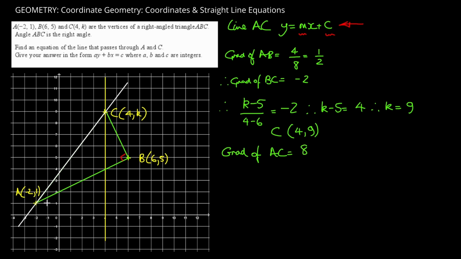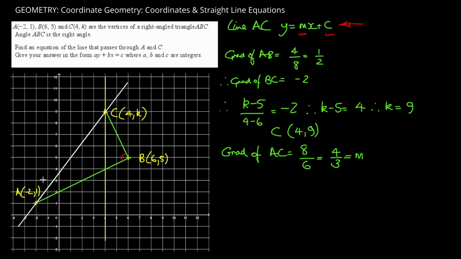And the journey from here to here, the run, -2 up to 4, is +6. So this is 8 over 6. This cancels down to 4 over 3, which is equal to m in the equation. So all we've got to do now is find c.